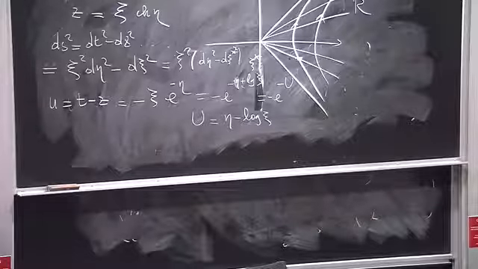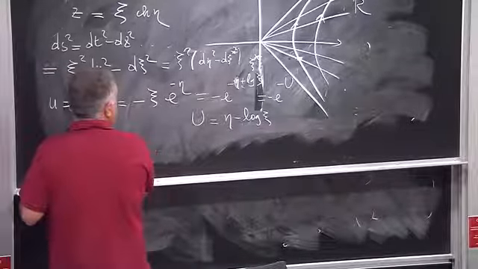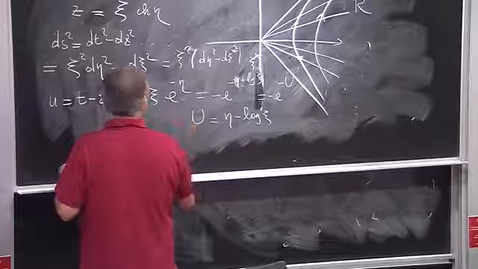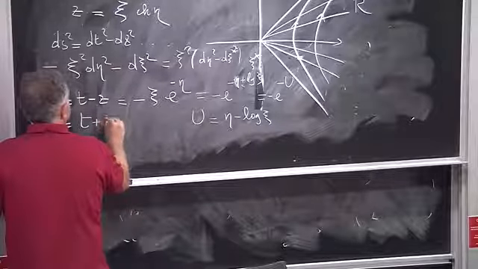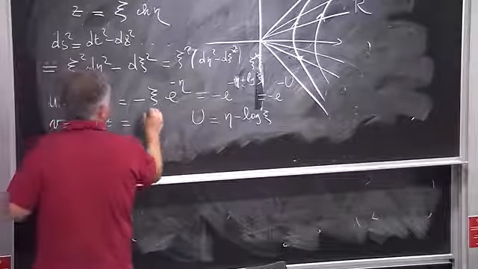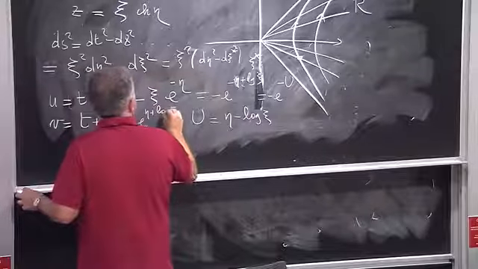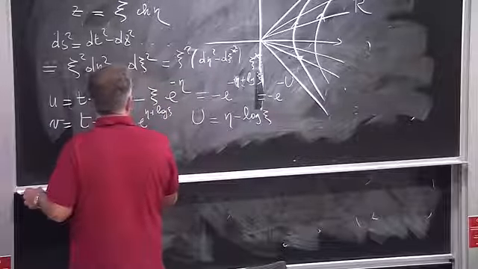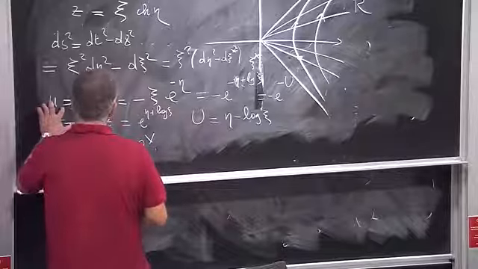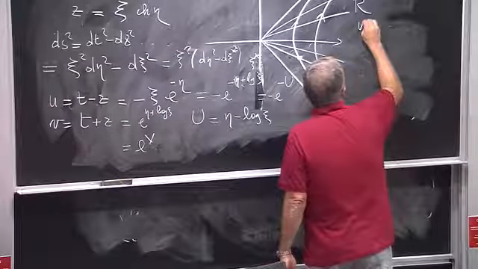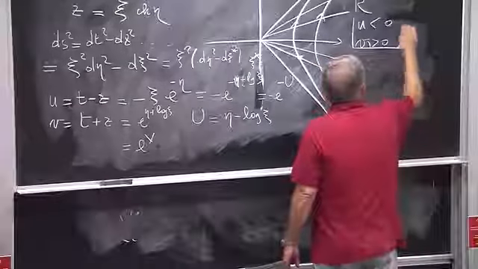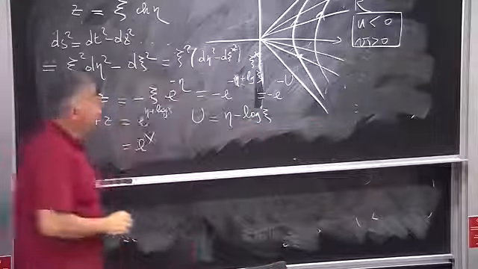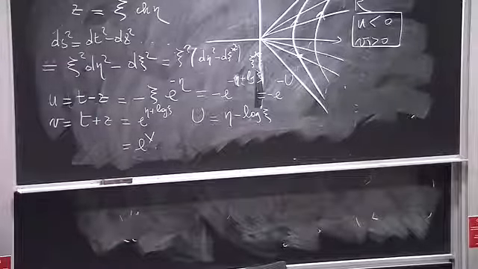Okay, so this is, let me, okay. If you introduce the other one, this is e to the eta plus log psi, e to the v. And you see that in this region, u is negative and v is positive. Let me put here a summary.